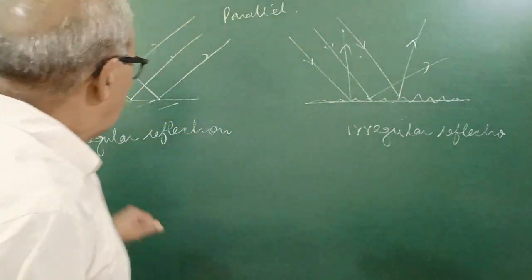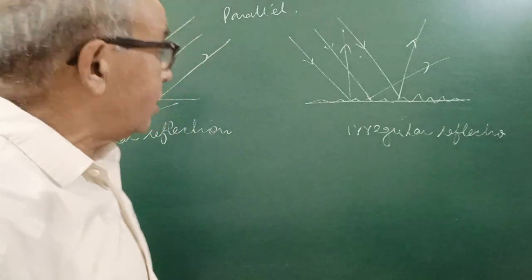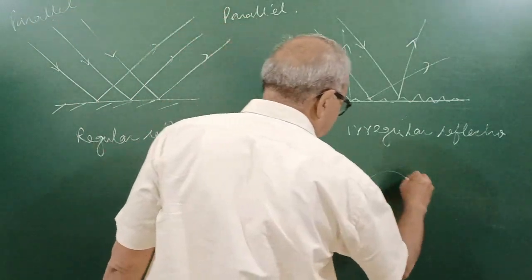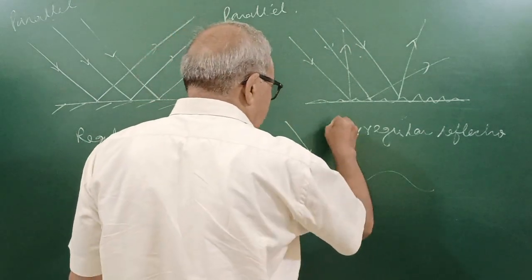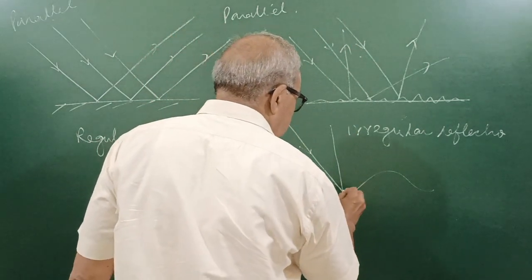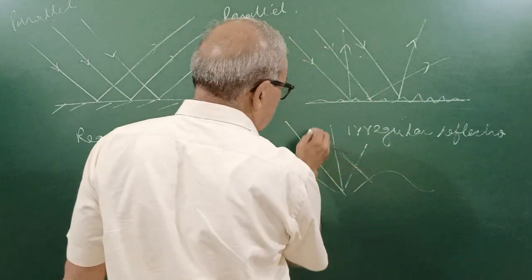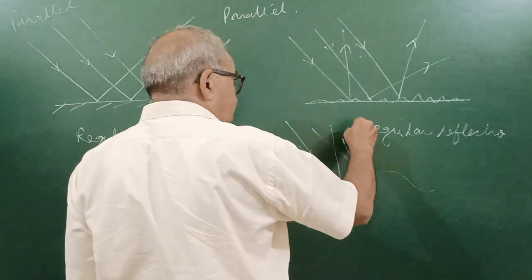Why is it so? I told you that the angle of incidence is always equal to the angle of reflection. Actually, what is happening here is that because of roughness, suppose a ray falls like this, so the angle of incidence is this, and the angle of reflection is this. But if some ray falls here, what will happen? The normal is this way, so it gets reflected this way.